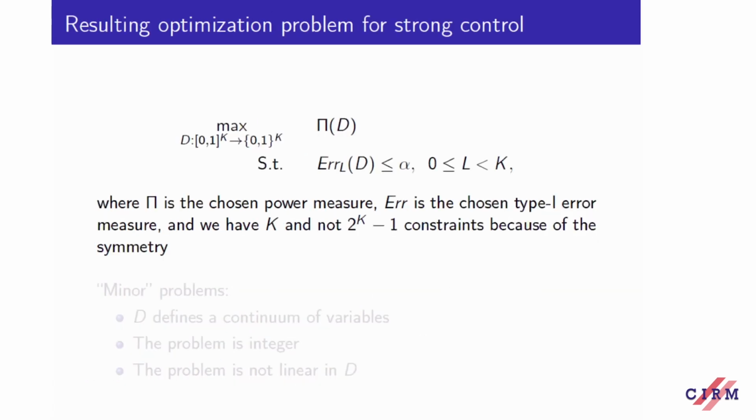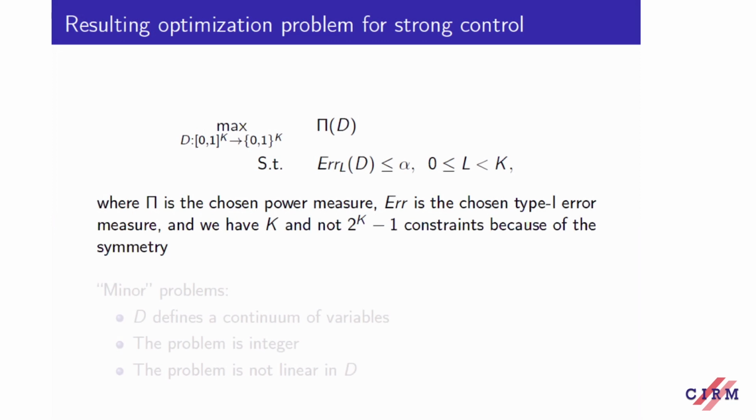So now we've defined several candidates for the power we're interested in optimizing, and we've defined the two candidates for the type of type 1 error control that we are looking for. And with any one of these choices, we end up with this generic formulation for our optimization problem. We want to maximize our selected power objective, subject to controlling our selected type 1 error measure for every possible vector H, for every possible world state, right?